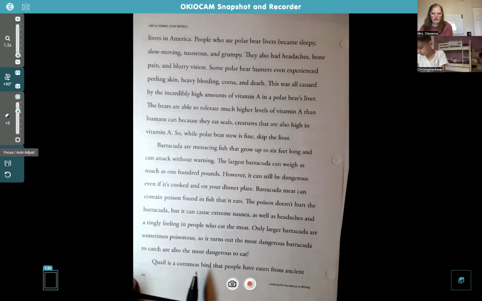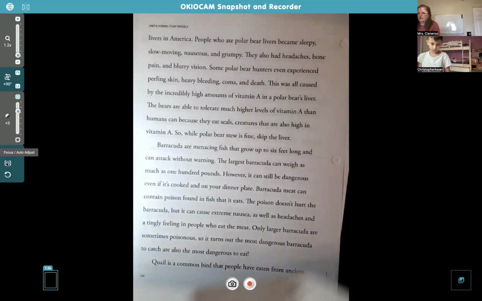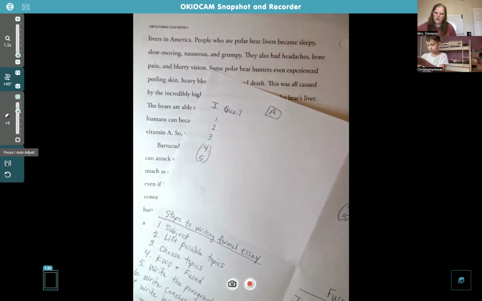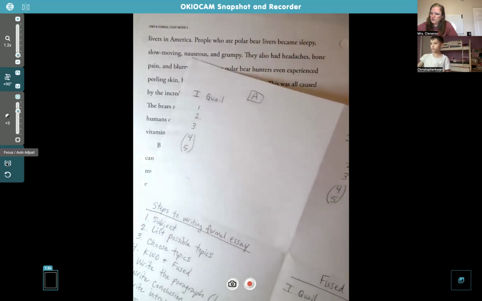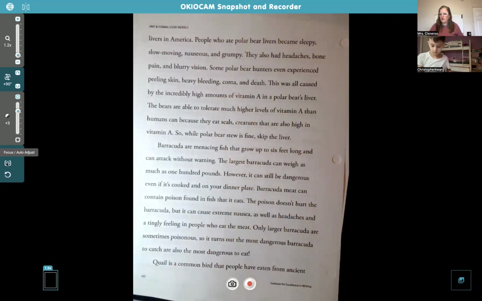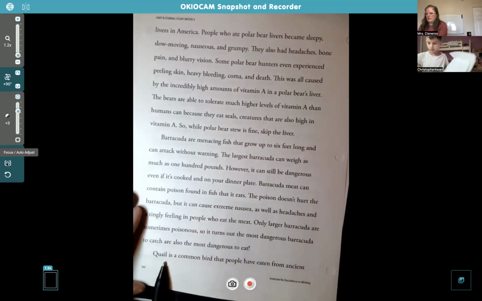So as I'm reading this, Christopher, you can start writing down some keywords on your outline for A. And if it helps you to underline them, you can underline them. If you don't need to, you don't have to, okay? You can just start writing down keywords of the facts that you find interesting about the quail. And it starts right down here.